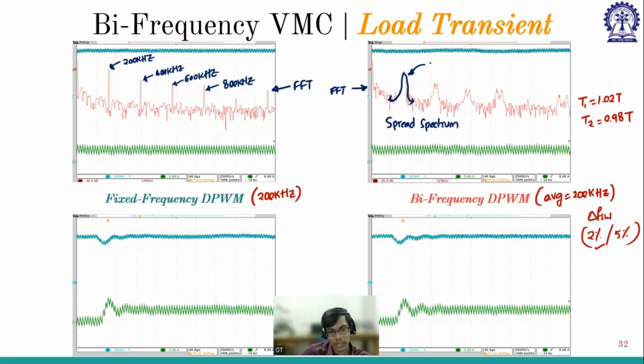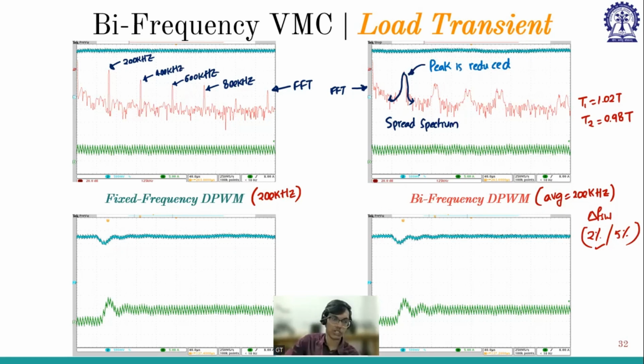So the peak is reduced compared to the fixed frequency DPWM. The main intention is to distribute the spread in the FFT. So here it is getting distributed, that's why it is called spread spectrum.